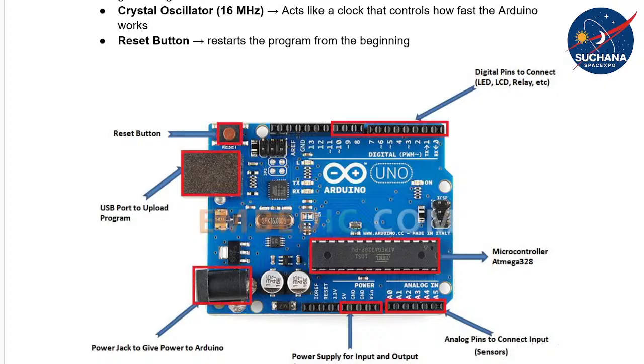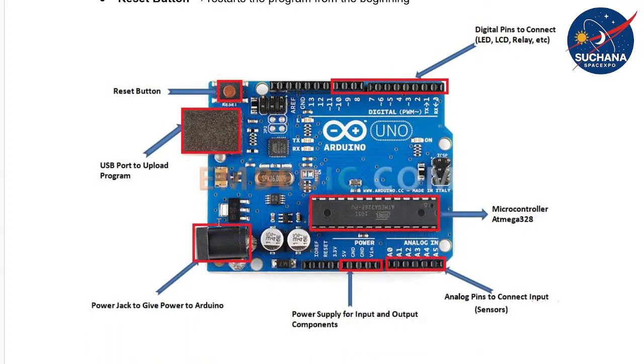You are already providing the 5-volt power supply from this power jack, so internally there is an architecture. Whatever you program in embedded C, the pins configured as output pins will be routed to a specialized bus, the power rail, which is connected to the 5-volt power supply.